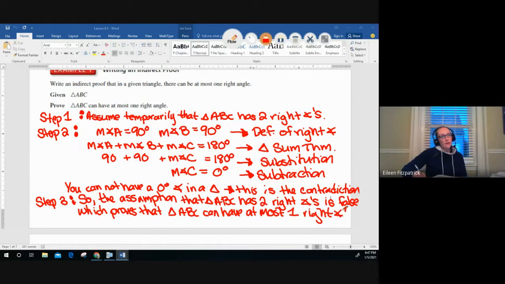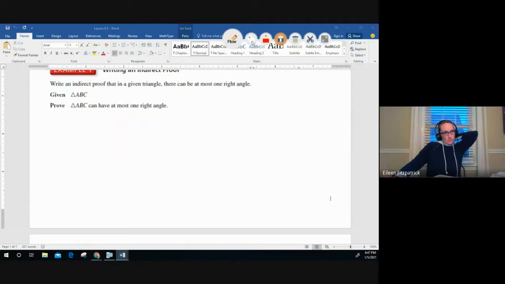Okay, erase that little dash mark. That is a proof by indirect, or that is an indirect proof. Okay, let's move on to the next example.